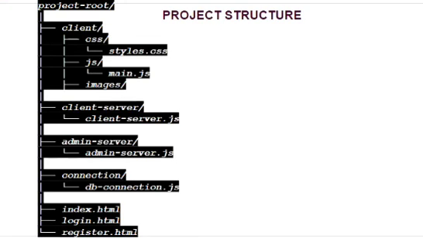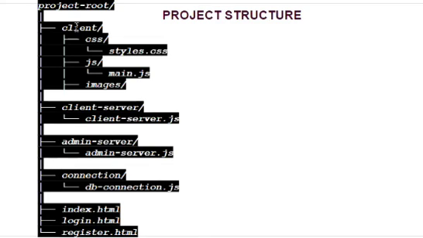And finally, the project structure. If you look at this project structure, it is simple, but I will still explain it. For those that don't know much about programming or coding, I will come up with other videos that explain better. But this is just the project structure of what I'm discussing. Now, if you look at this screen, at the first place, you have what we call the project root.